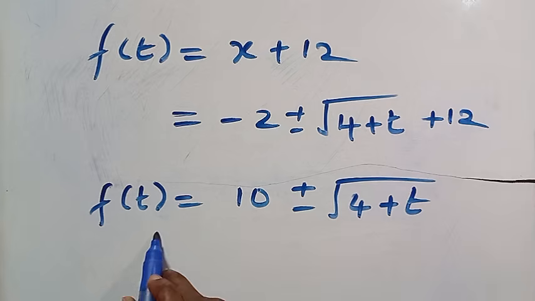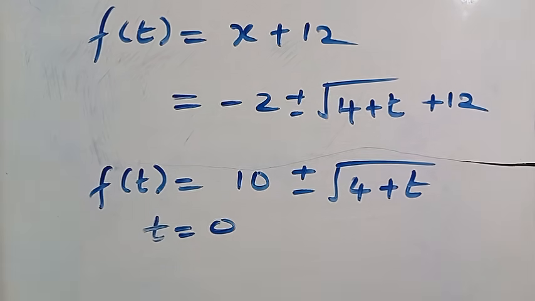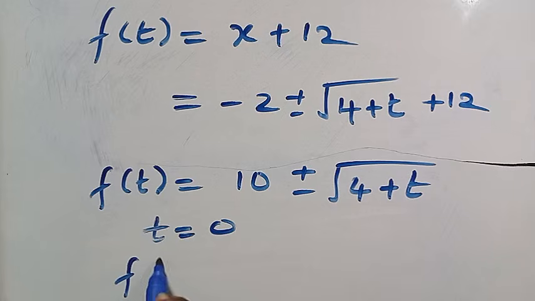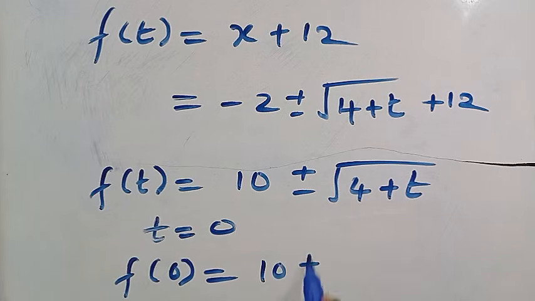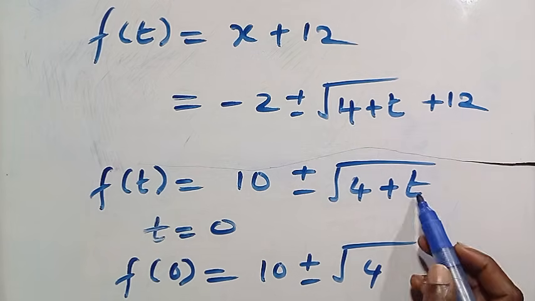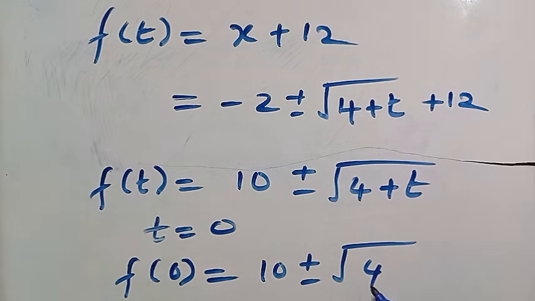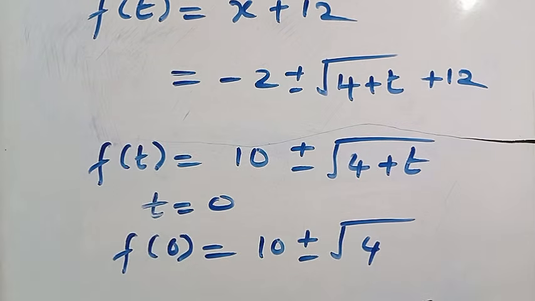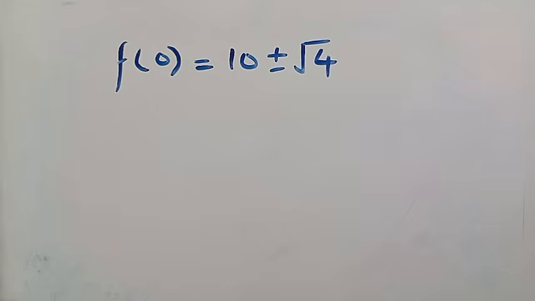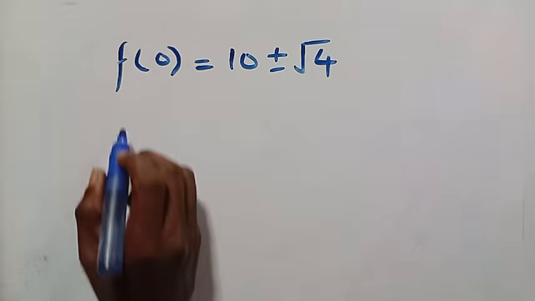If I let t equal 0, for instance, what we get here is f of 0 equals 10 plus or minus the square root of 4, because this becomes 0 and 4 plus 0 gives us 4. So we get two different answers from here.